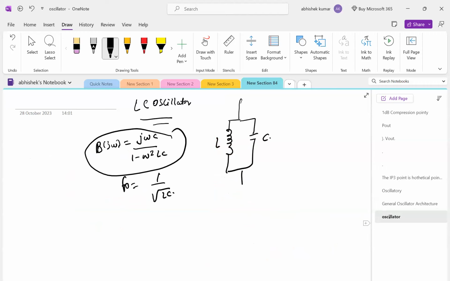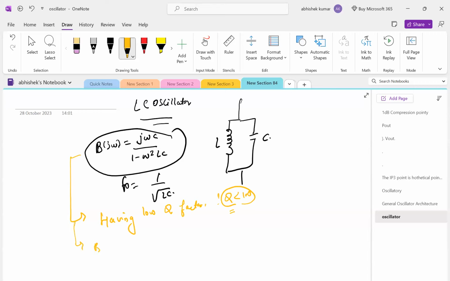We can arrange that the Barkhausen criteria is satisfied at some frequency, but B(j omega) has a low quality factor. The thing with the LC is that it has a low Q factor, resulting in a low Q resonator, and its quality factor Q is less than 100.